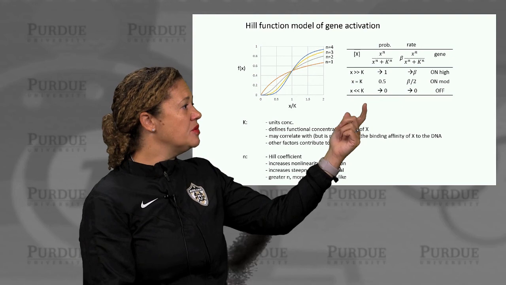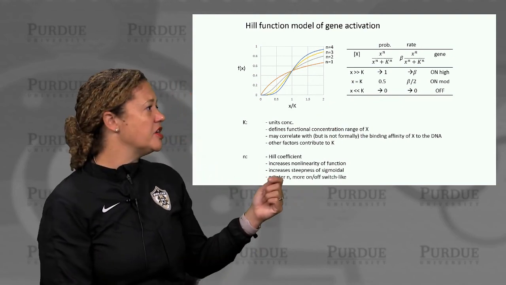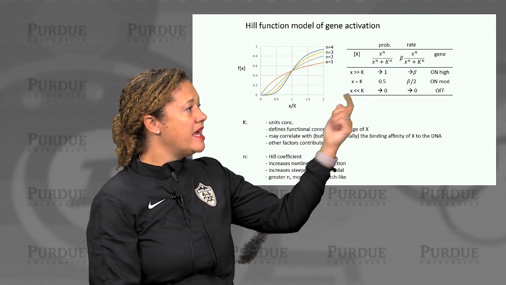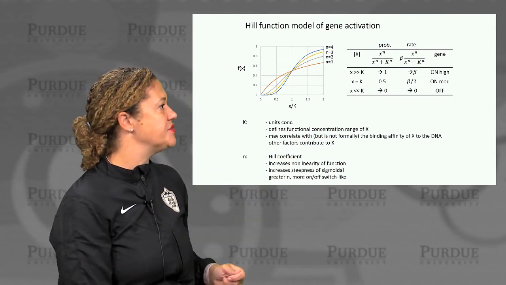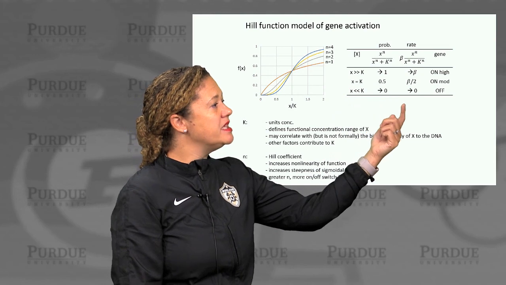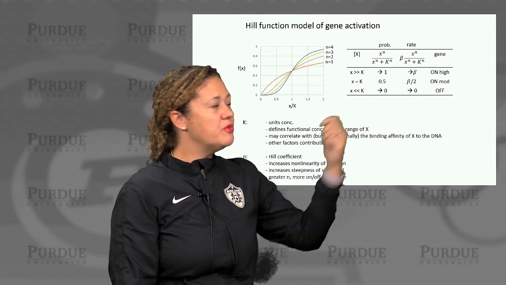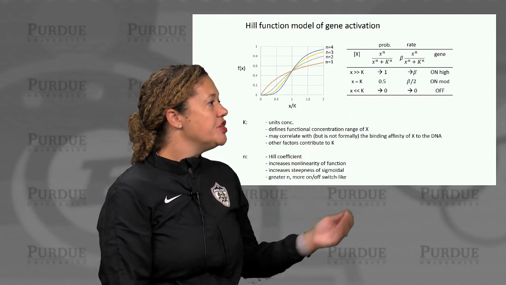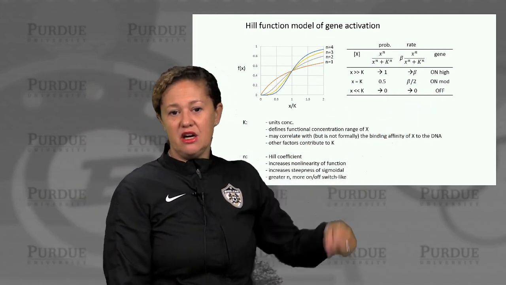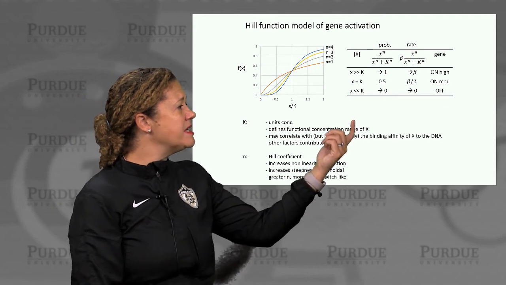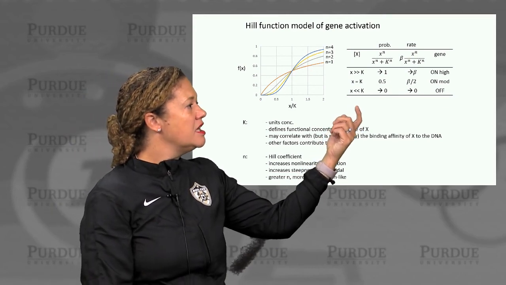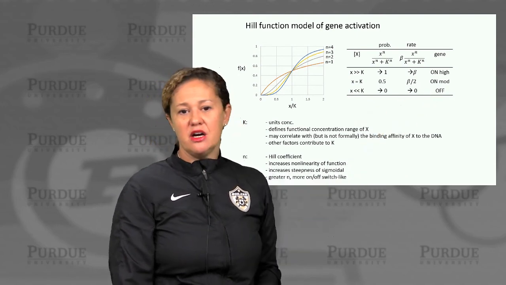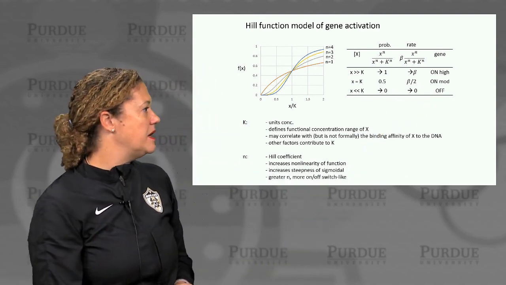When X is equal to K, when the concentration of our transcription factor, in this case our activator, is equal to our K parameter, again in units of concentration, the probability equals 1/2, and our rate would be at half of that maximum level, or beta over 2. So our gene would be moderately on. And when X becomes very, very small, the probability goes to 0, and our rate would approach 0, and our gene expression would be off in this model.